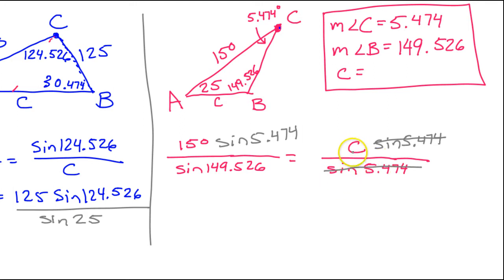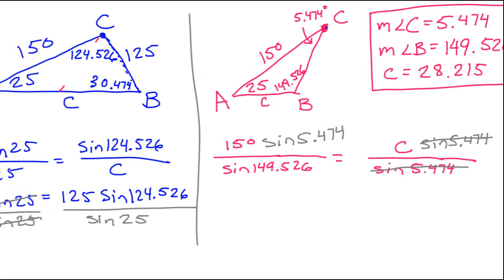And that is going to give me side C. So I'm just going to put all of this in my calculator all at once, and that should give me the answer. So I'm getting 28.215. And that is how you solve the second triangle.